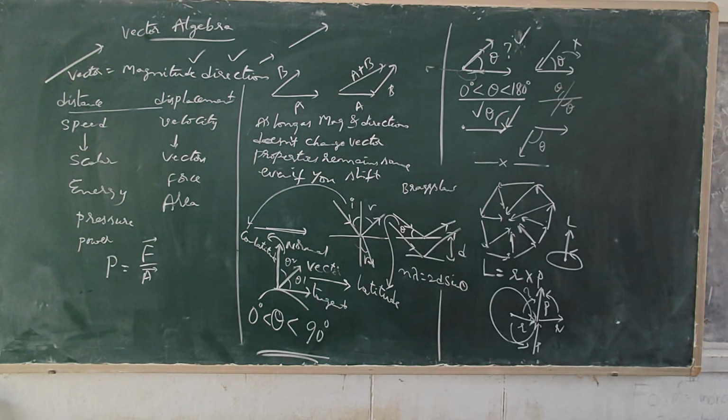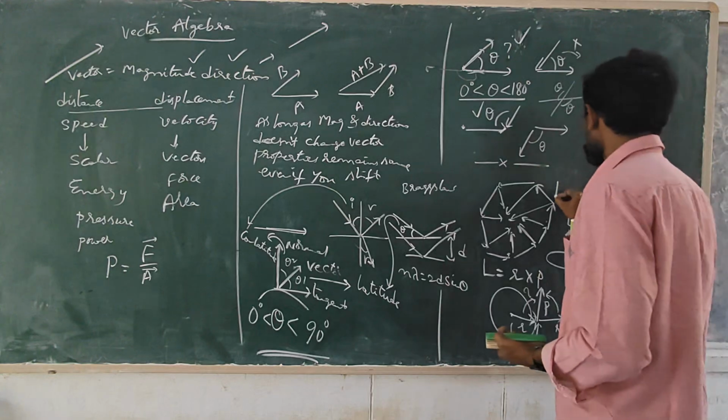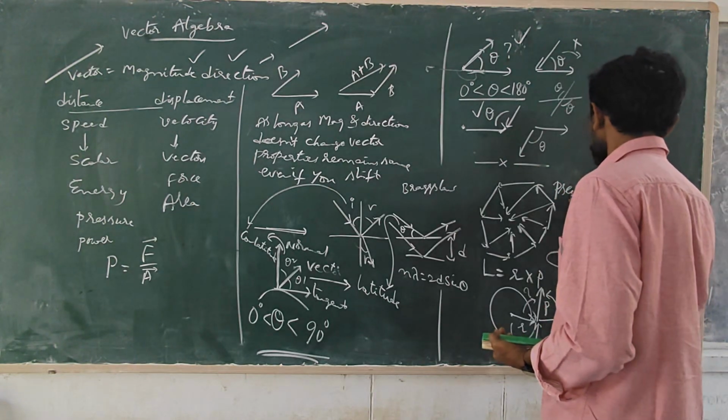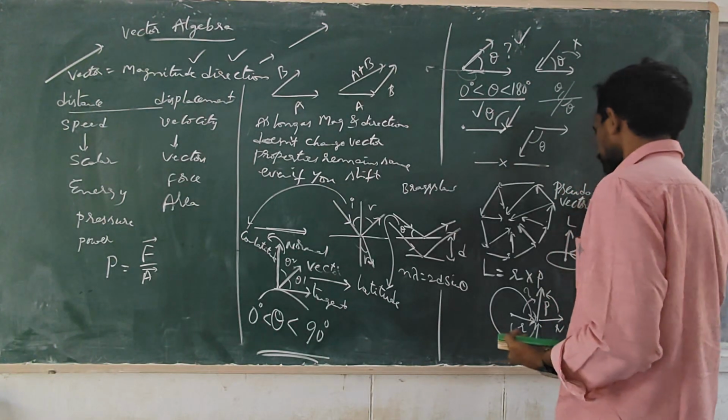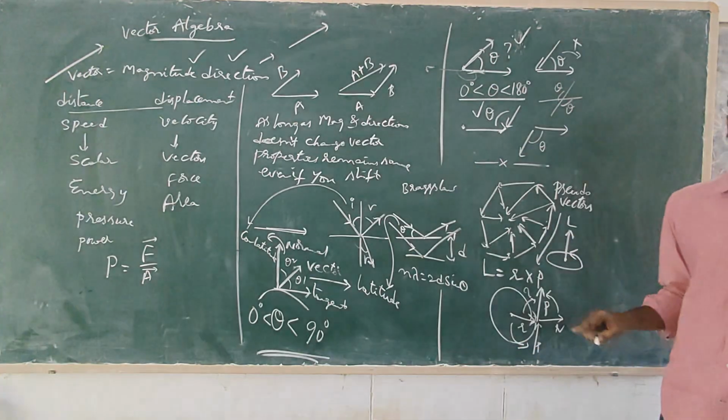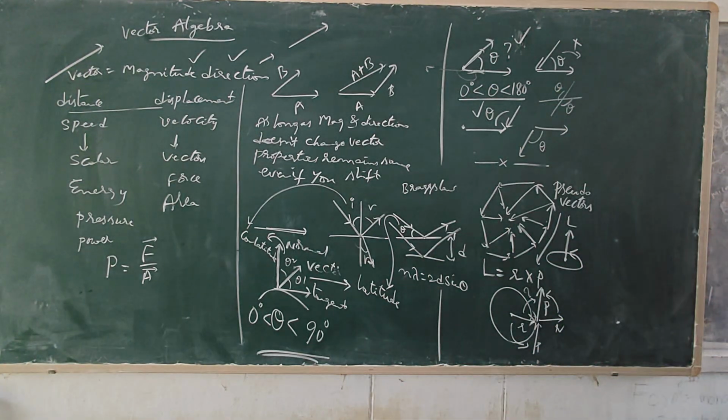So that is why these kind of vectors are called pseudo vectors. The vectors which are the resultant of a cross product are called pseudo vectors. They are not real vectors and they do not possess any activity in the direction of the vector. There is no activity in the direction the vector points.